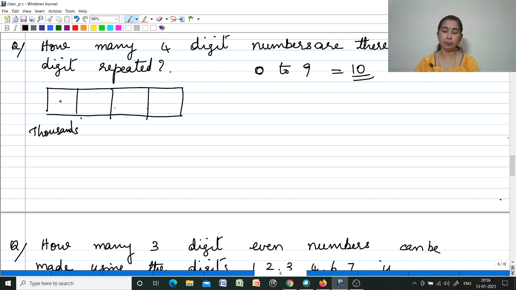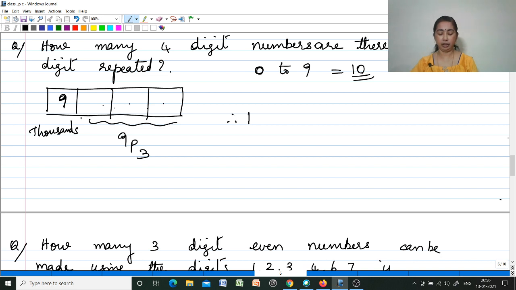So out of the 10, only 9 can be filled in this first space, because 0 cannot be filled. So 9 different choices are there for the first place, and the remaining 3 places are to be filled. Total 10 digits are there. Out of that, 1 is being assigned here and the remaining 9 are there, and we can arrange this in 9P3 different ways.